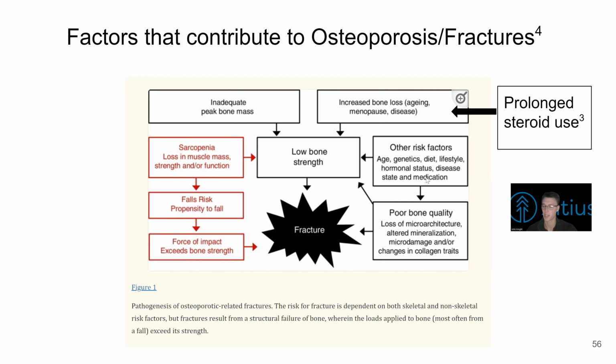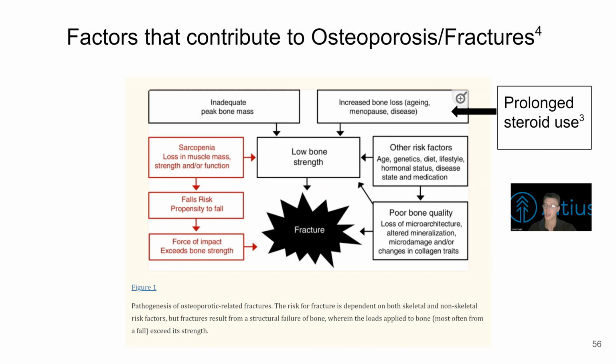Disease state and medication can also impact your bone strength, specifically steroids, okay? Steroids have been shown to inhibit osteoblast activity, so those cells that lay down bone tissue. And specifically, if you are on a steroid for longer than 3 months, that has a significant impact on your bone mineral density.